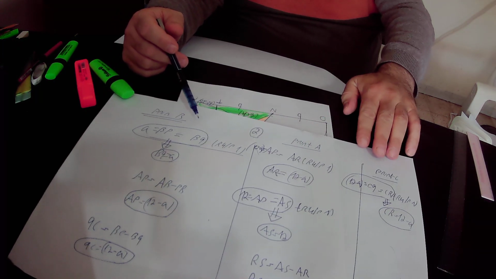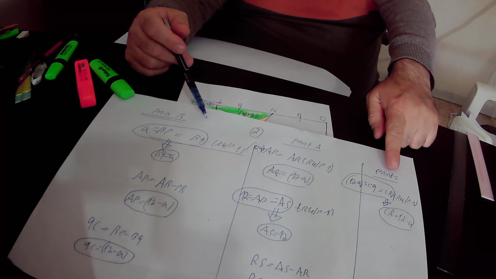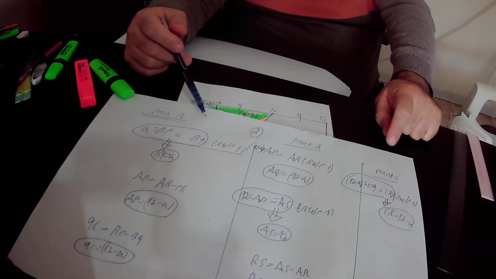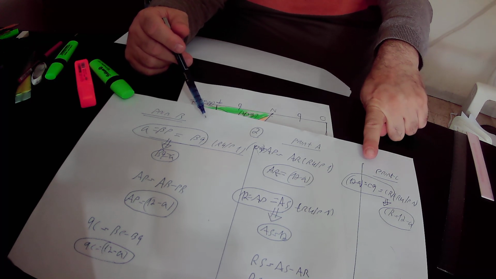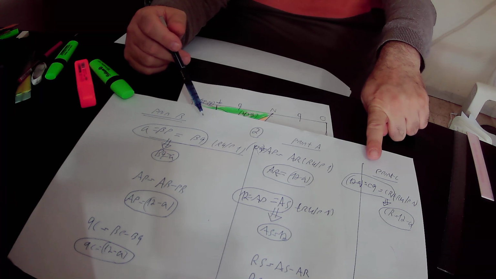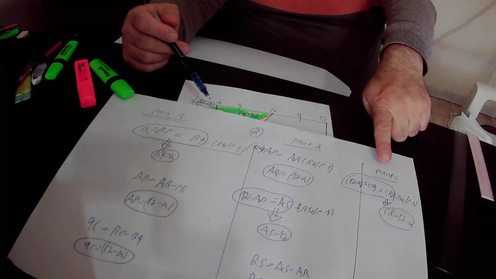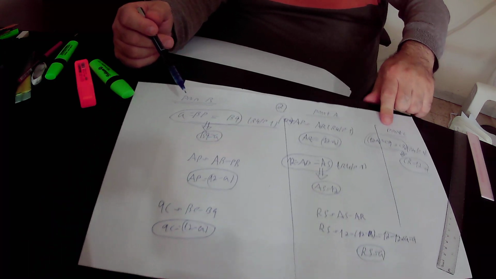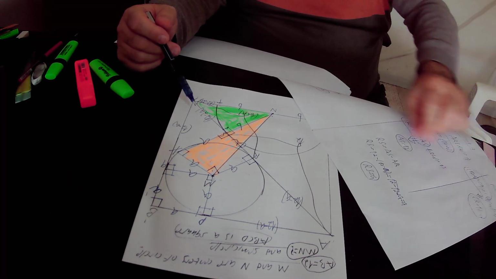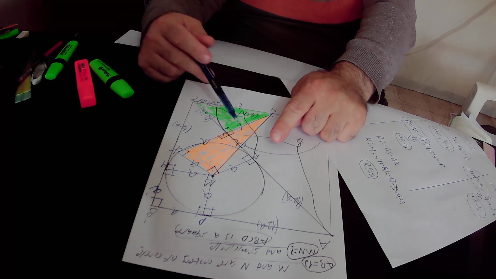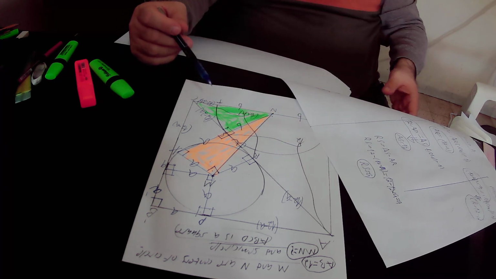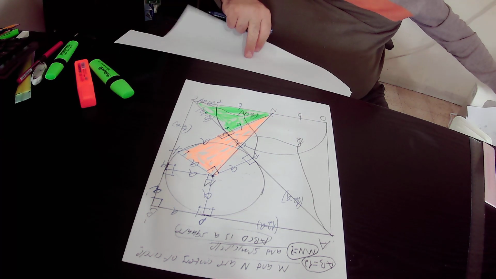CQ must be equal to CR, and we have already found out that CQ equals 12 minus A. So we conclude that CR is also equal to 12 minus A. Here we can write down that CR equals 12 minus A. Okay?